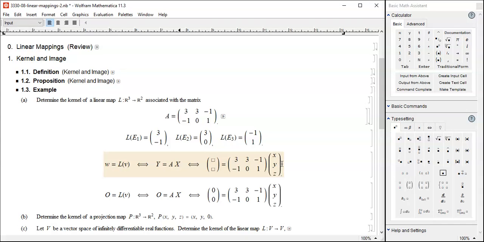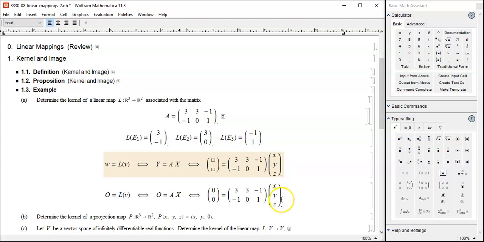Any linear map from one finite dimensional space to another has a matrix expression, and those are related to the column, column, and column. Here in this problem, I gave you the matrix, but I could equally well have given you these three so that you find out the matrix and then get this form.